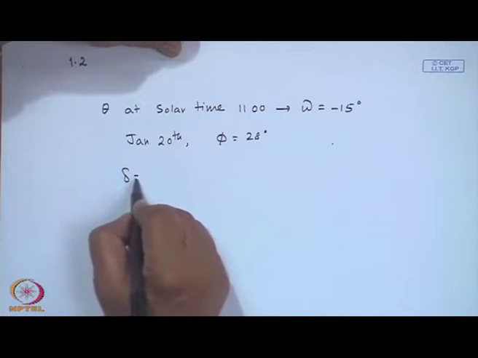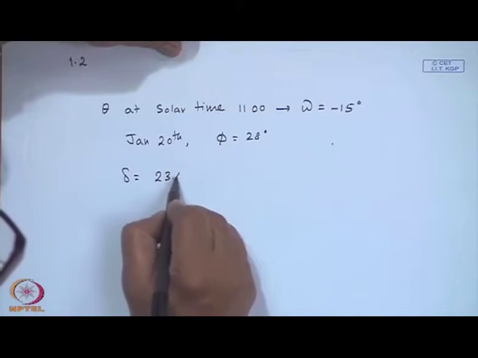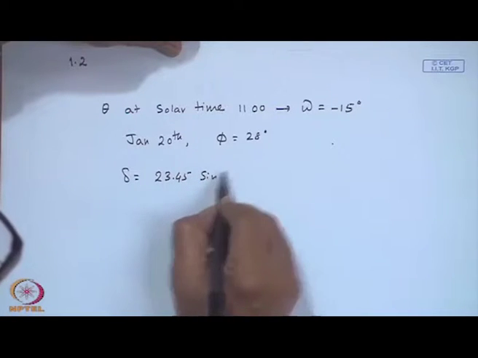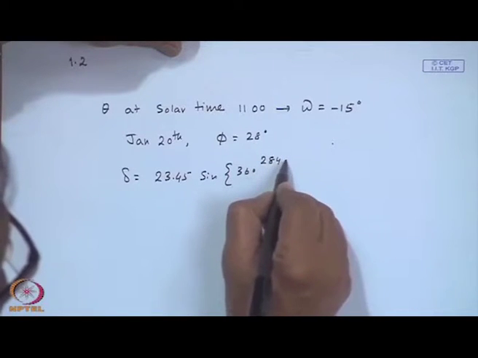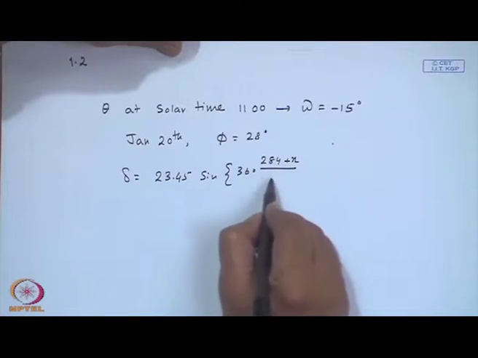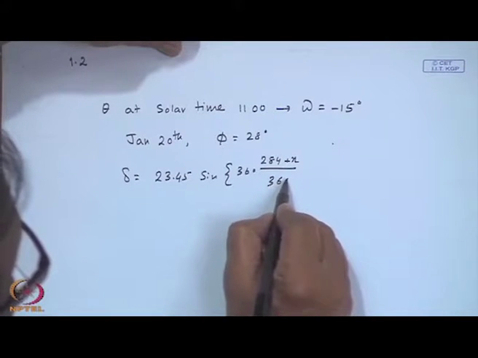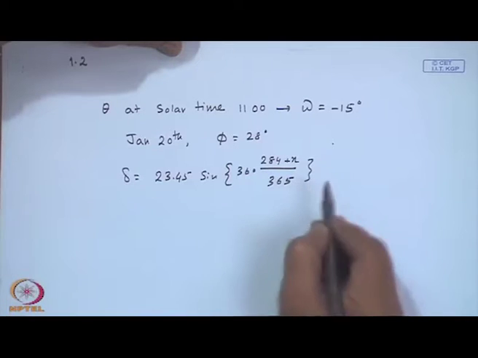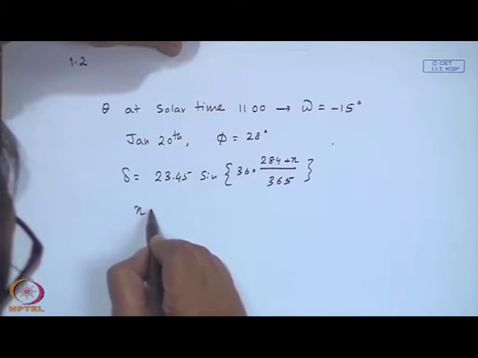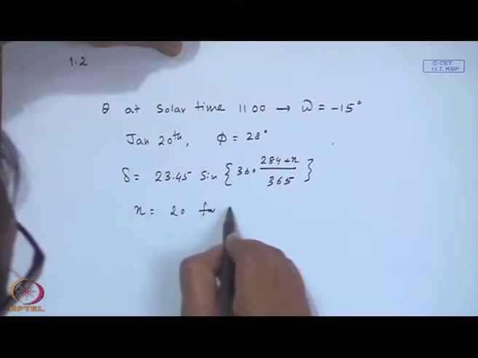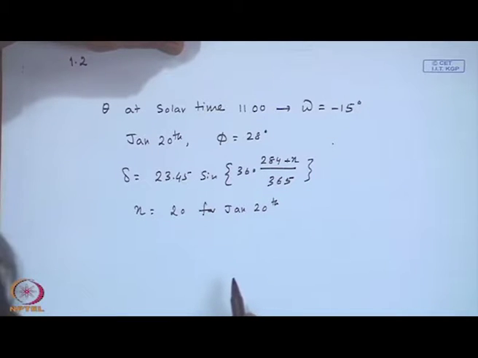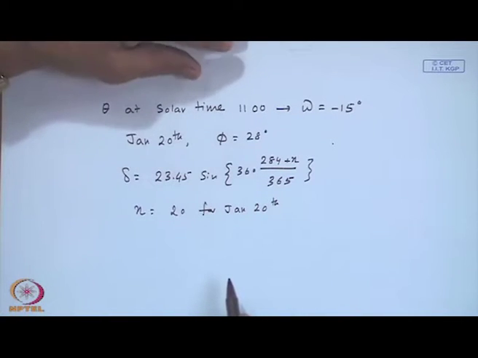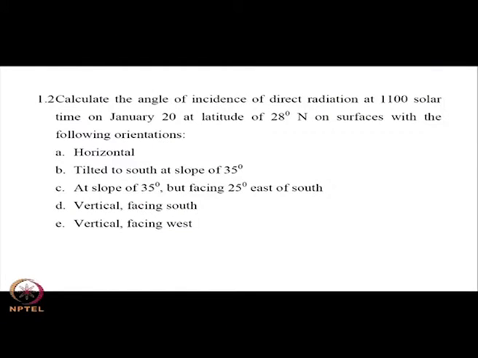The declination will be 23.45 sin of 360 times (284 plus n) upon 365, and n will be 20 for January 20th, because n is the Julian day, counting one as January 1st, and so on and so forth. Consequently, January 20th will have n equal to 20.